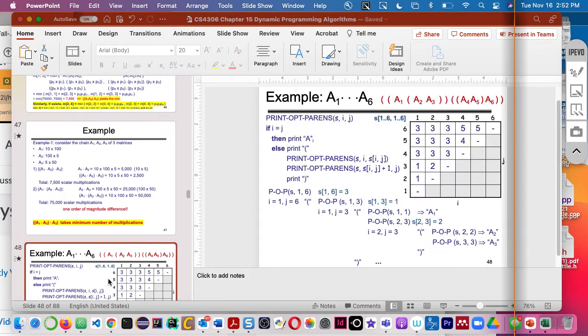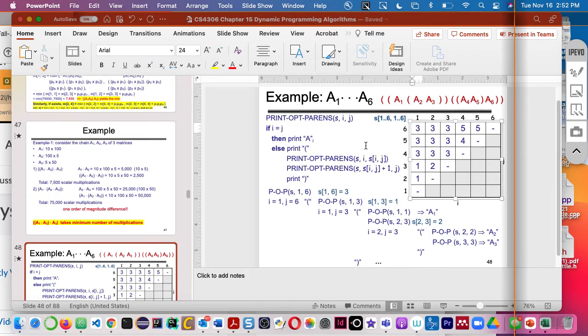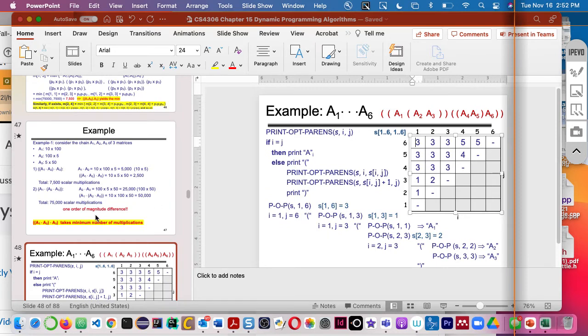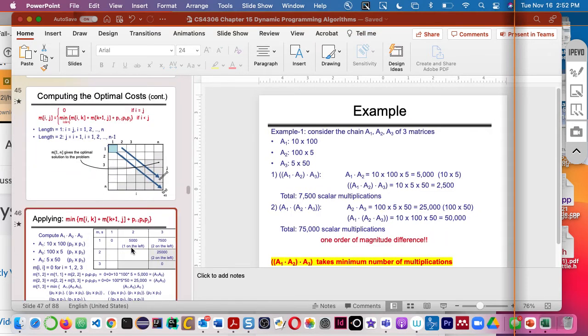Okay, now this is S. In the book it says min, but I put S and M together.